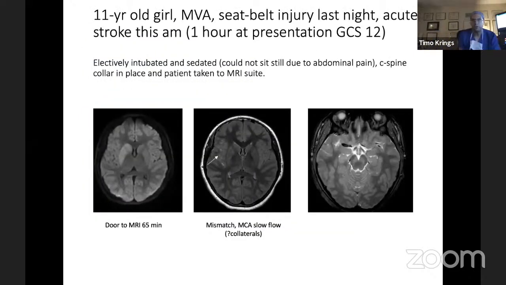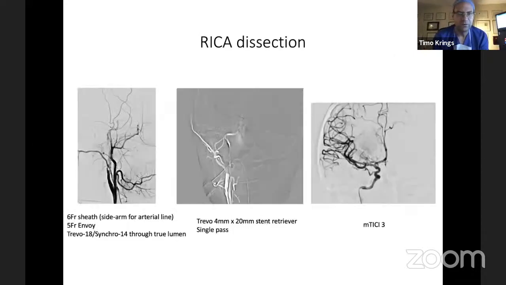And just to drive home this point, here's another example who had a seatbelt injury, developed a stroke in the morning. The patient came in, and what we could see here is that the patient had a dissection here with a lot of clot within the entire ICA and a focal clot within the MCA. So she was at risk of a complete infarction of her entire hemisphere.